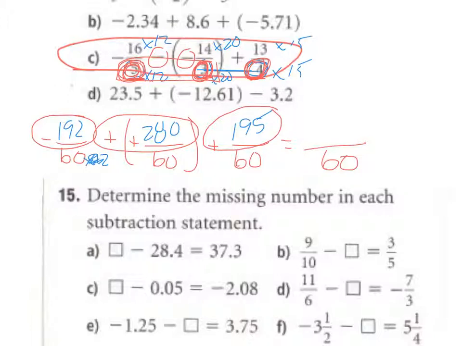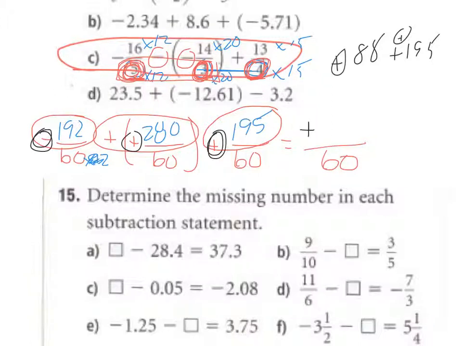And I get negative 192 plus positive 280. The signs are different, and I'm adding, so I keep the sign of the largest number. And I subtract those two to get 88. And then I have 88 plus 195. And I'm adding, the signs are the same. I keep the sign, and I add the numbers.